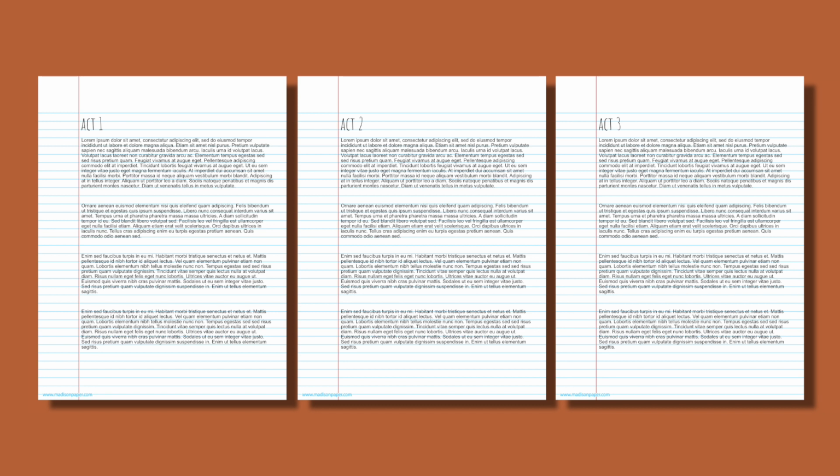So far, this is what helps me move along. So page 1, bullet point 1 is 1 paragraph, bullet point 2 is another paragraph, bullet point 3 is another paragraph, bullet point 4 is another paragraph. Page 2, act 2, same thing. Page 3, act 3, same thing.